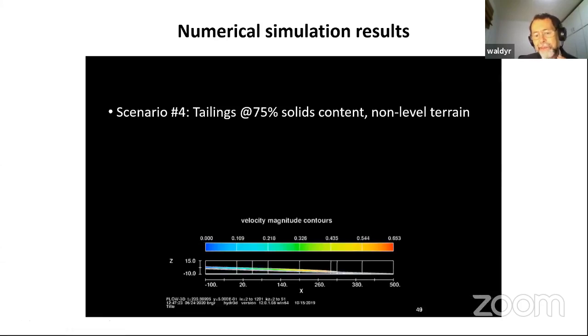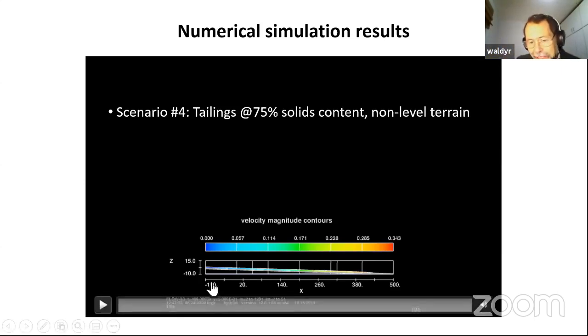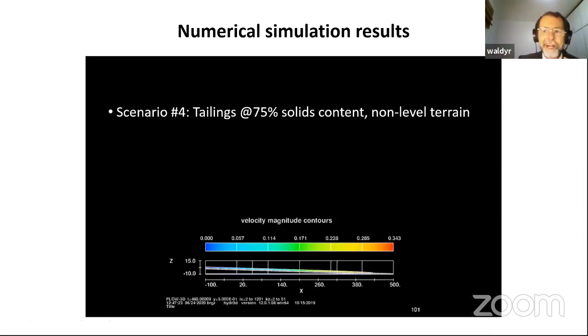The material moves like mud and stops running at abscissa of 630. Here, it seems that it stopped because our simulation stopped at 420 seconds. But if we allow a longer time for the simulation, you see this material stopping at 630 meters.